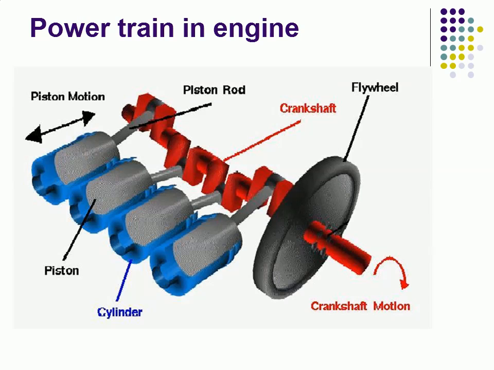When the fuel is burnt inside the cylinder, the explosion moves the piston, and the piston in turn pushes the connecting rod, which in turn rotates the crankshaft, and from crankshaft the power is transferred to the powertrain of the vehicle, or the power is transferred to the source of work. Attached to the crankshaft there is a flywheel.